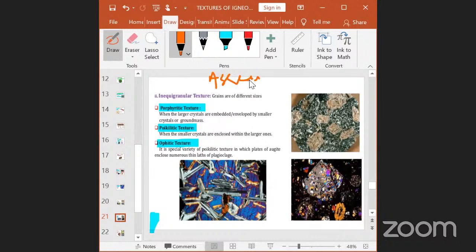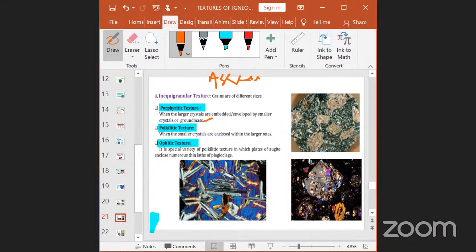So first is porphyritic texture, when large crystals are embedded or enveloped by smaller crystals or groundmass. This is called porphyritic texture.